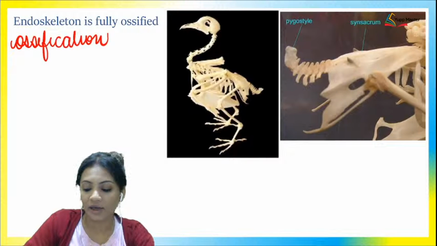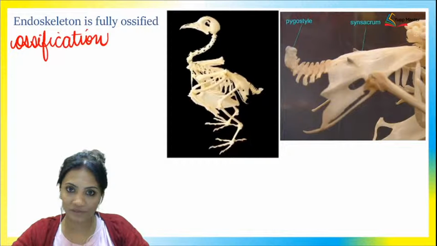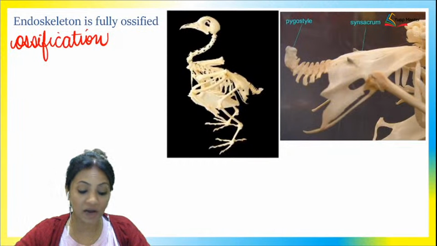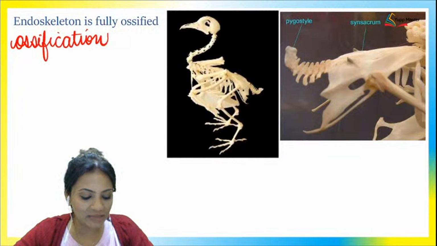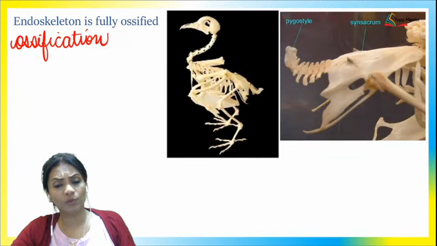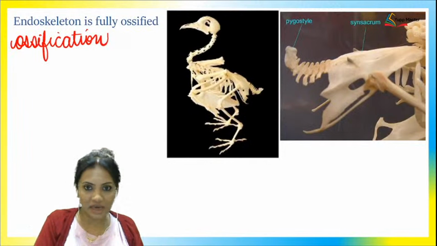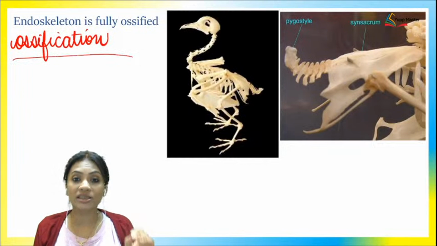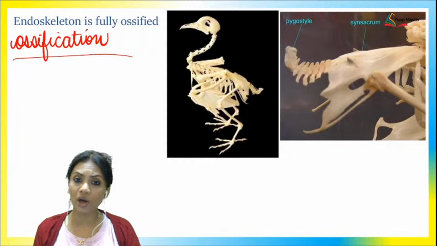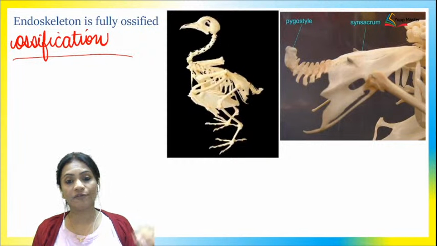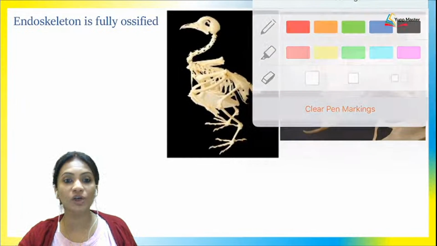Ossification basically means that at a certain level of life there is development in the form of cartilage, but then that cartilage is eventually replaced by bone. This process of replacing cartilage with bone is called ossification. That's why we say here that the endoskeleton is fully ossified, which means that each and every part of the endoskeleton is made up of bone.